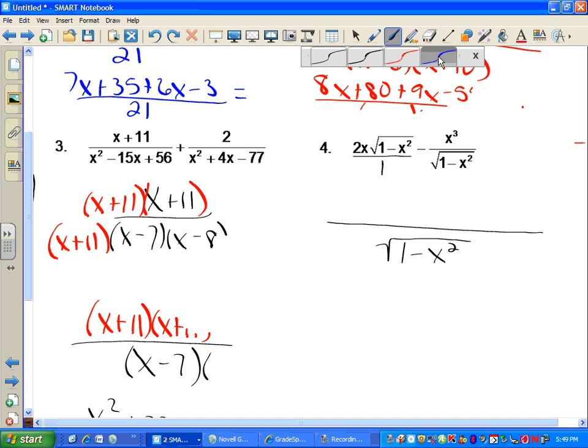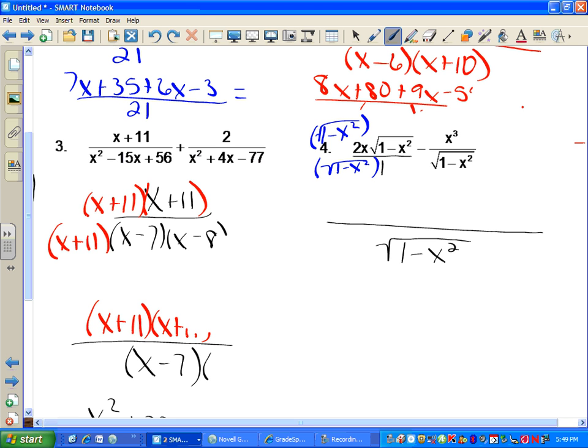To get the common denominator of the square root of 1 minus x squared, if I multiply the bottom by the square root of 1 minus x squared, I have to multiply the top by the square root of 1 minus x squared.